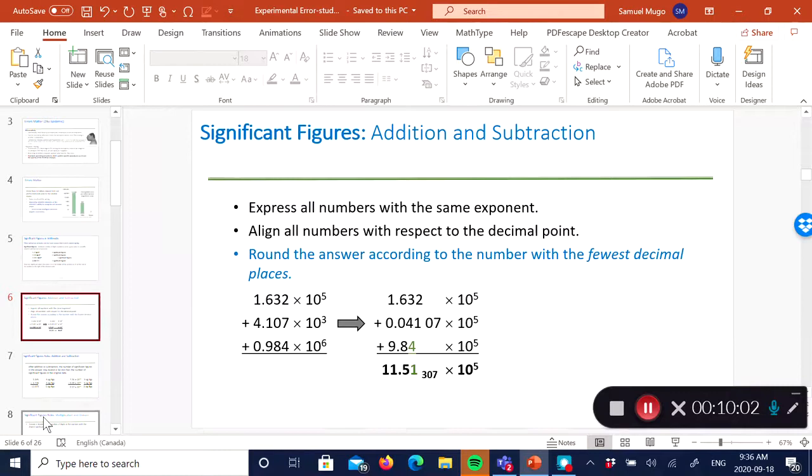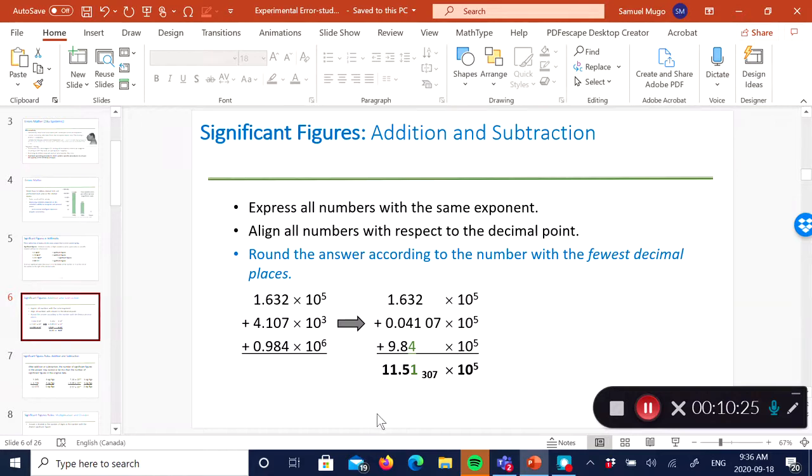If you're doing an operation, say an addition or a subtraction, now remember, you round the answer according to the number with the fewest decimal places. A case like this, for example, and of course, when you're doing addition and subtraction, the scientific notation or the exponent should always be the same.